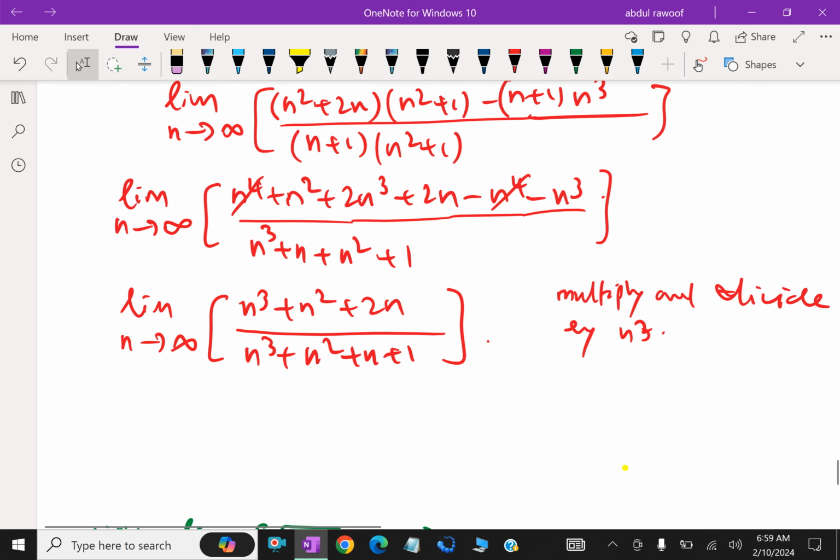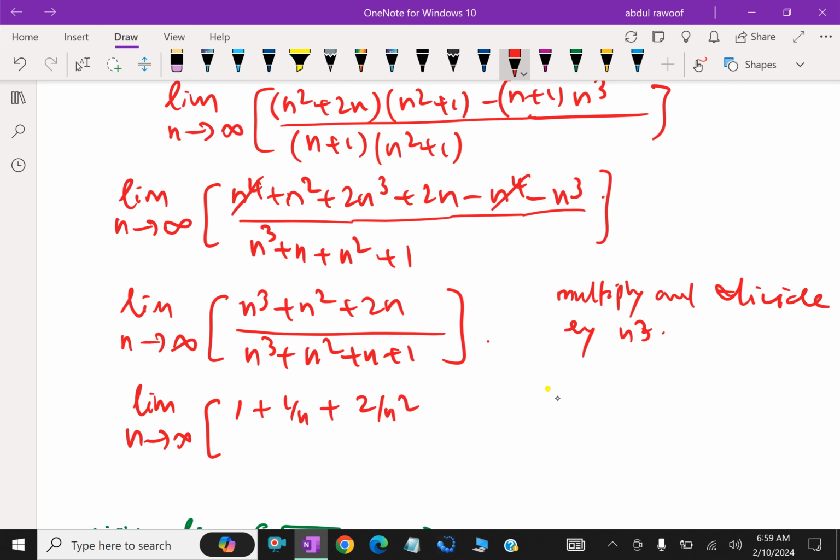So what happened? First, limit n tends to infinity. Here n cube by n cube is 1, plus n square by n cube is 1 over n, plus 2 over n square, over 1 plus 1 over n plus 1 over n square plus 1 over n cube.